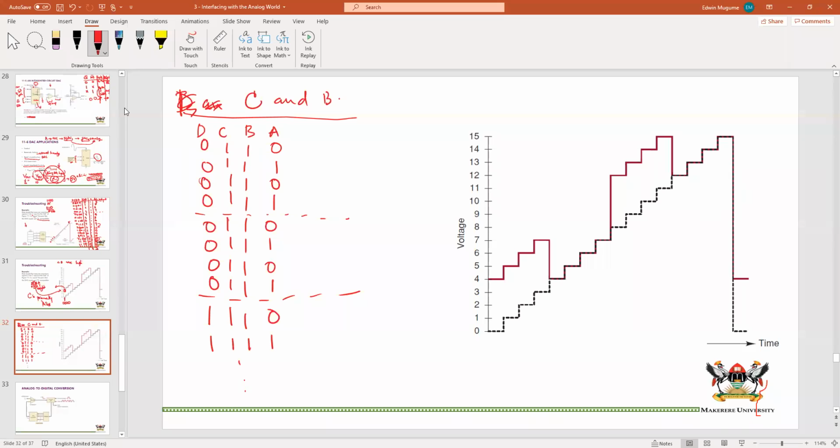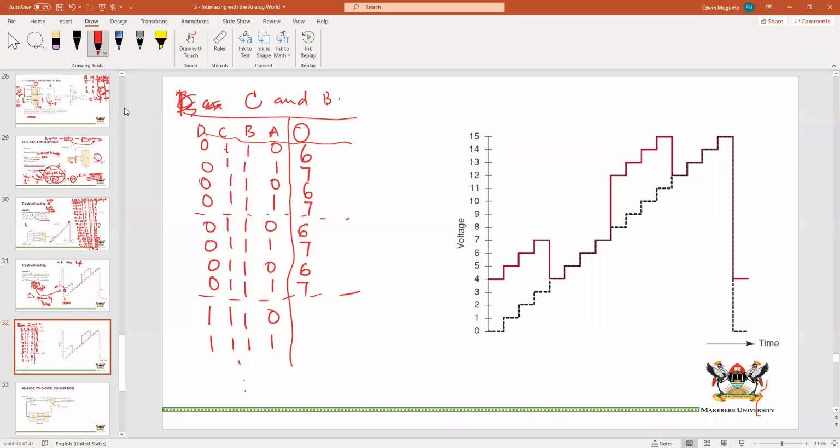Now this is what we see. Our output would then be this and that. This and that is 4 plus 2, 6, 7, 6, and 7. Now from 7 we go back to 6, and then 7, and 6, and 7.